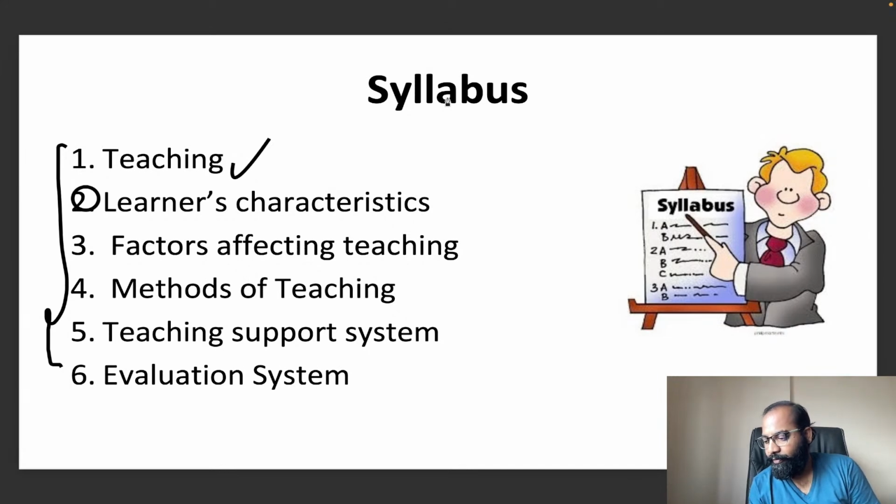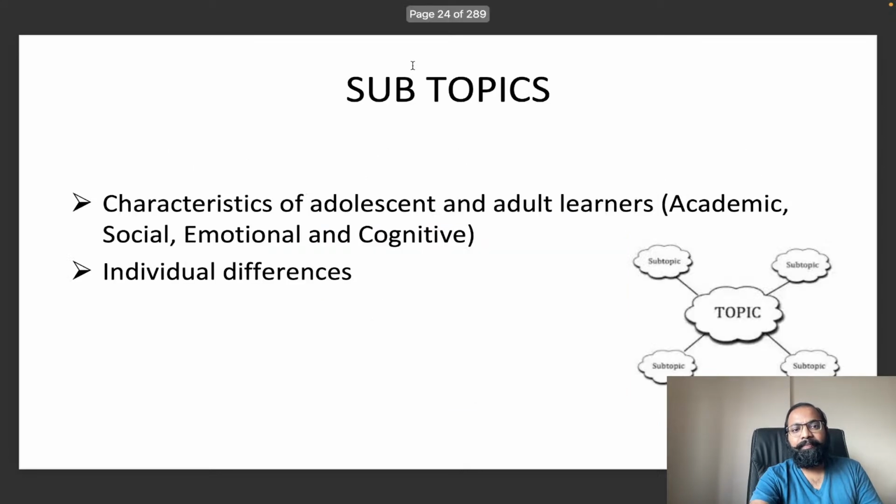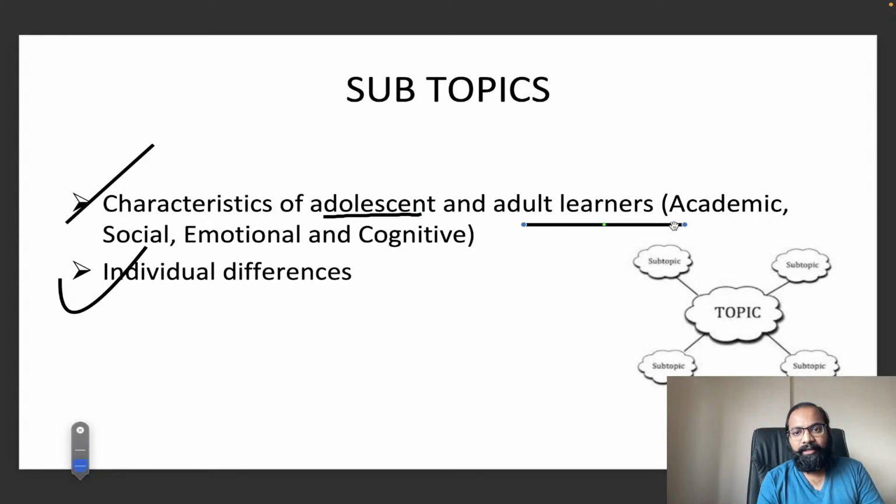I hope that most of you have gone through the yesterday session. So let's start the second topic, that is learner characteristics. As per our UGC syllabus point of view, just two topics are mentioned as part of learner characteristics: what are the individual differences, and what are the characteristics of adolescent learners as well as adult learners.